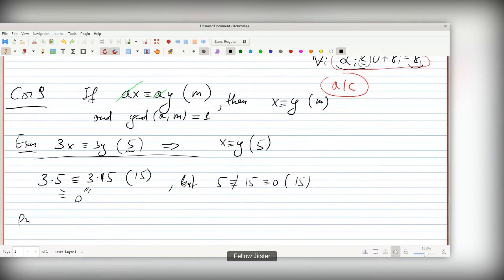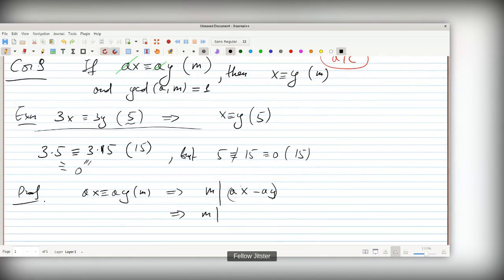How can one prove it? The proof is really elementary. As ax is congruent to ay modulo m, that means that m divides the difference of our numbers. It divides ax minus ay.